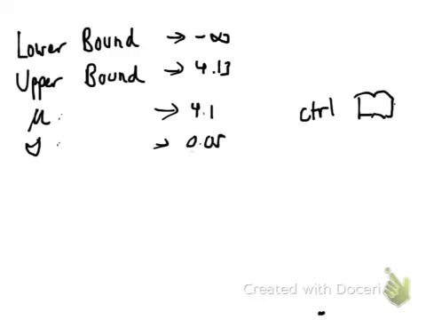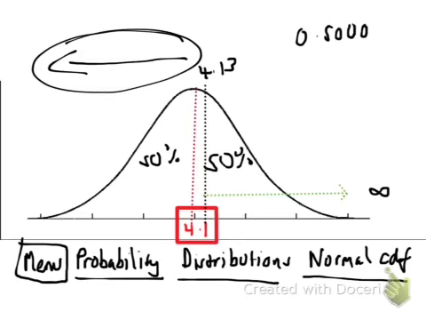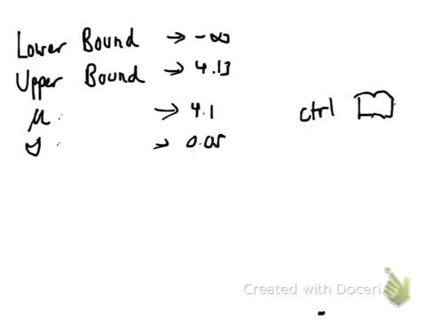Place those into our calculator. You can pause this now and try that if you wish. Remember, it's normal CDF, and the steps to get there: menu, probability, distributions, normal CDF. If we place those values in, we get 0.7257.